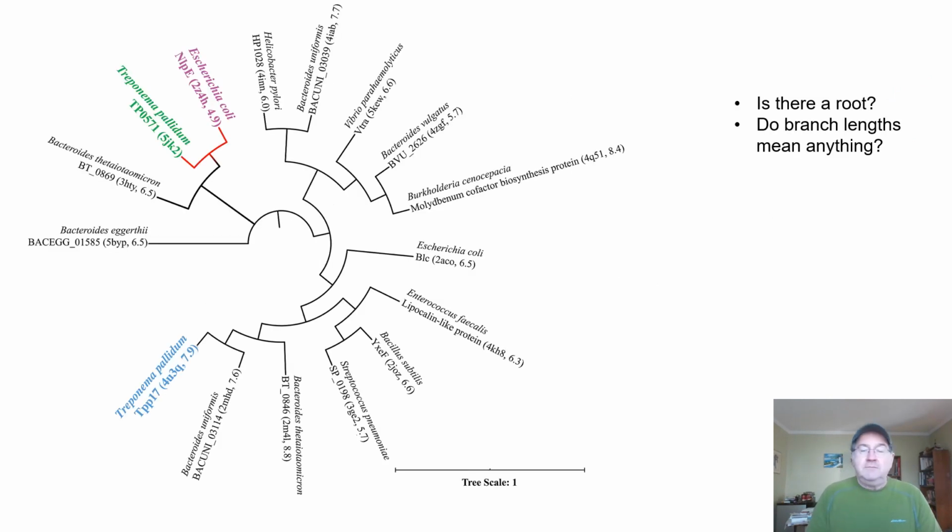This is also a cladogram, but in this case, it's represented not with those rectangular, boxy sort of nodes and branches, but as spokes coming off a circle. So first question, is there a root? If you go find the root, you go right down to the middle, and here's the root of this tree.